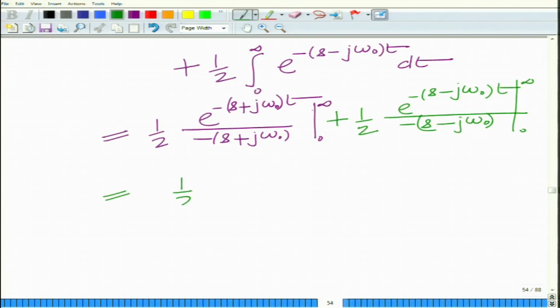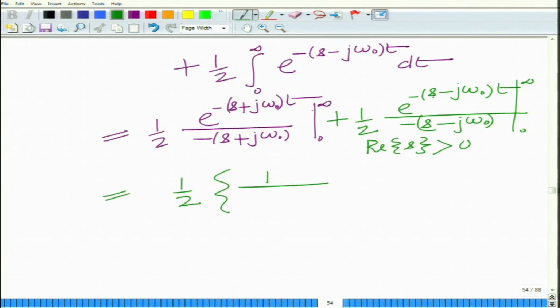Now if you evaluate this between the limits 0 to infinity, e raised to minus (s plus j omega naught) t, as t tends to infinity, tends to 0, but only if the real part of s is greater than 0. So, this is the region of convergence.